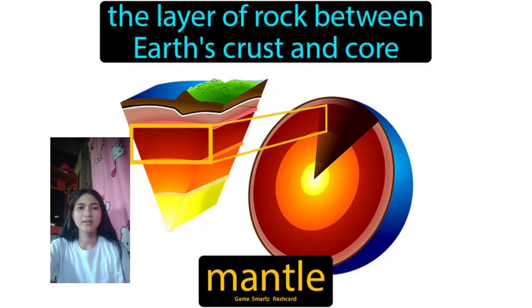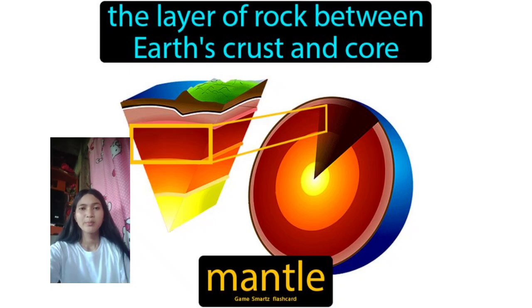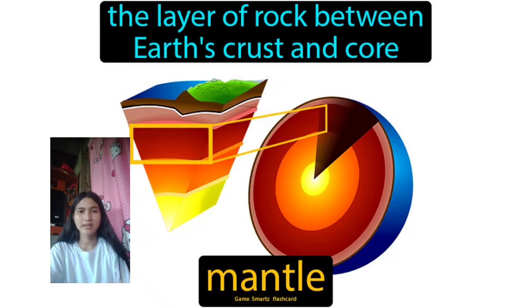The mantle lies between Earth's dense, superheated core and the thin outer layer, the crust. The mantle is about 2,900 kilometers thick and makes up a whopping 84% of Earth's total volume. The mantle's convective motion breaks the lithosphere into plates and moves them around the surface of the planet.